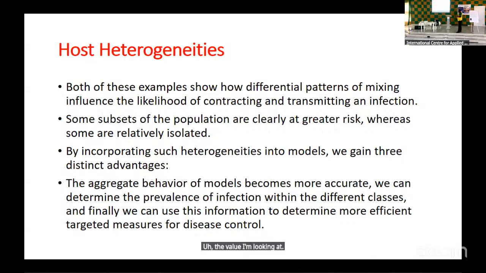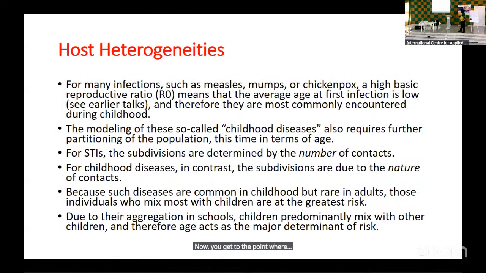We talked about childhood diseases like measles and chickenpox, that have a high reproductive number, which means that the average age at first infection is low, and therefore they are commonly encountered during childhood.